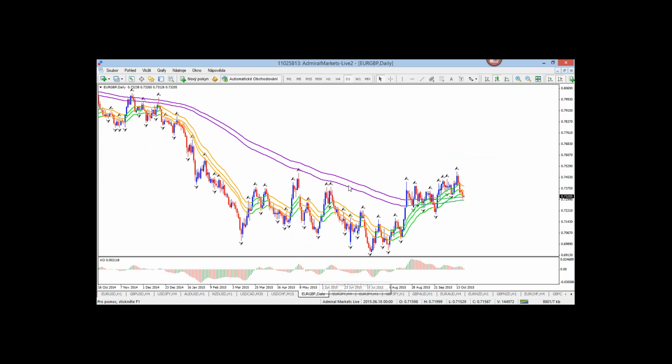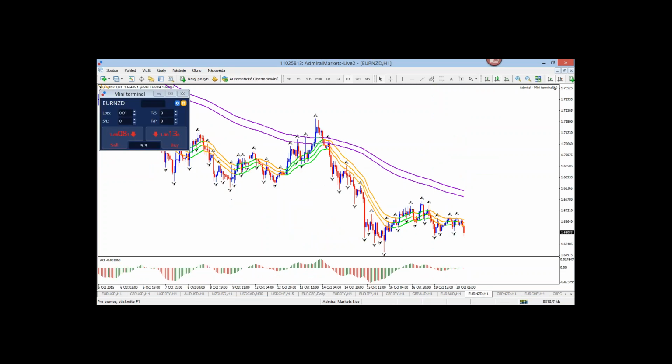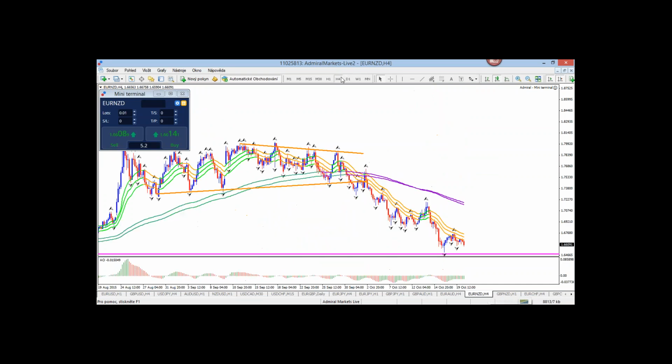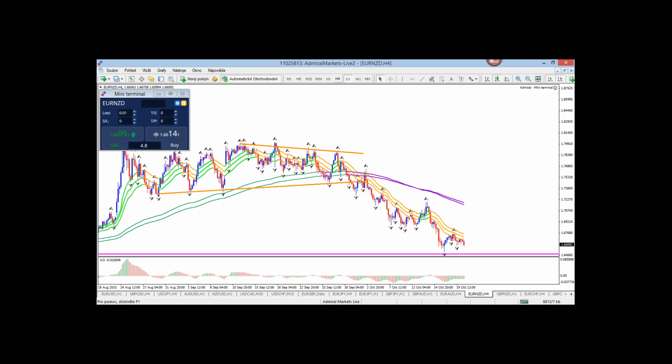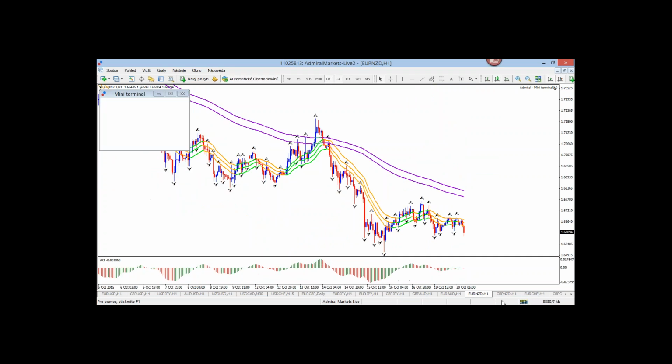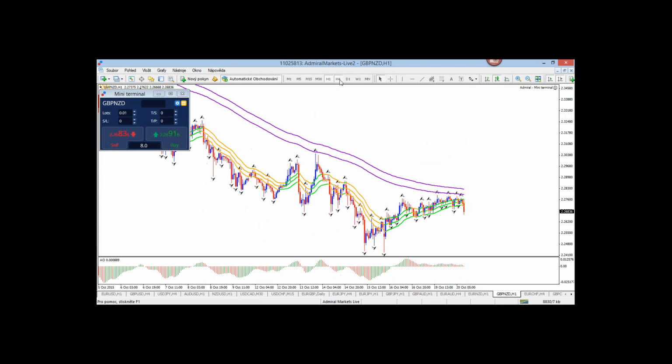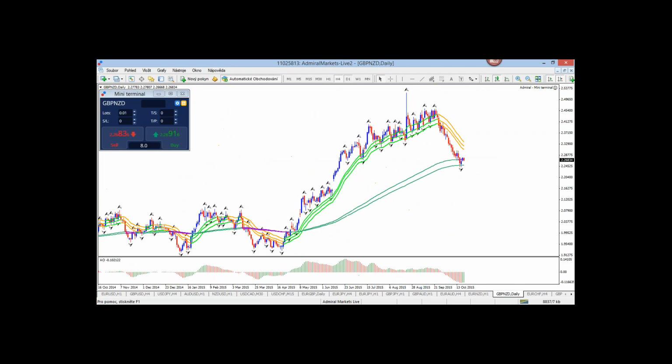I know there are a lot of the others, euro yen too, and a lot of pairs seem to be a bit of a mixture there. Let's see, maybe your New Zealand is a bit better. Here too, though, same story. At the daily tunnel, but in a 4-hour downtrend. That's kind of the message here across the board.